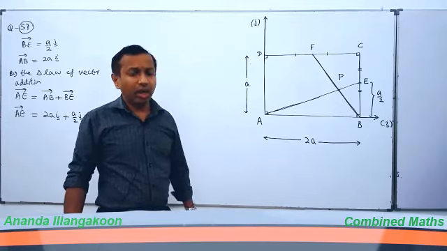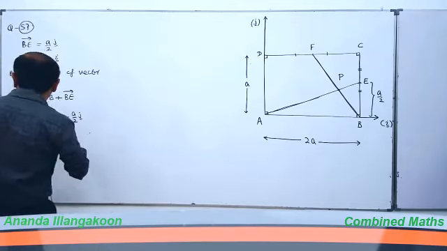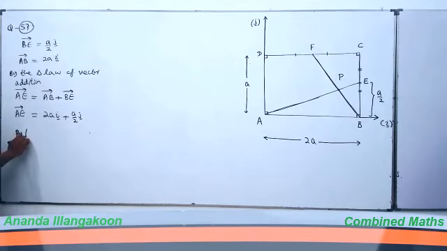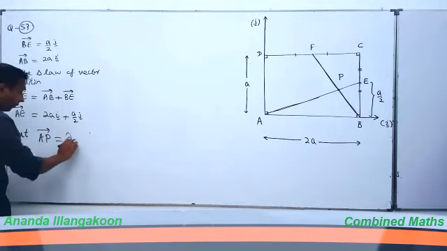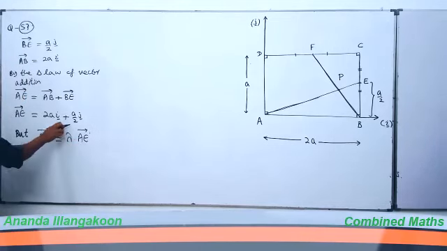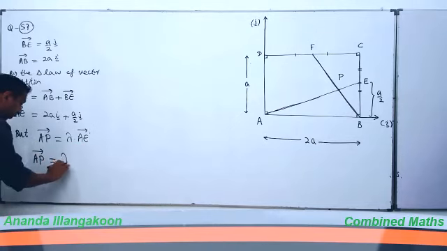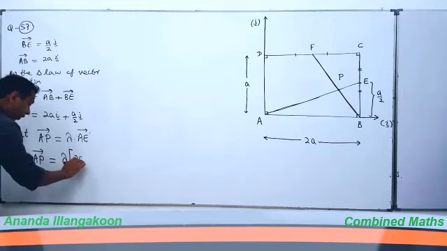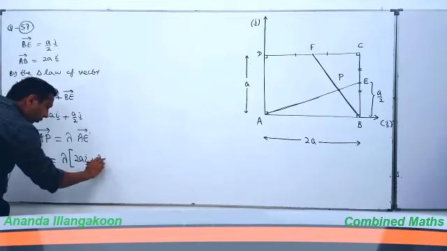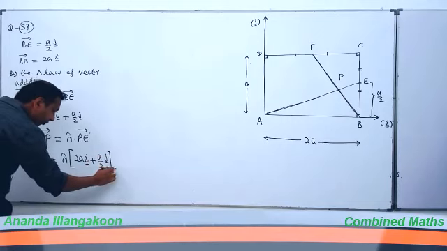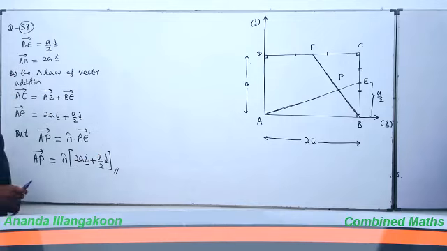So we can write AP vector is lambda times AE vector. Then substituting for AE, AP vector is equal to lambda times (2A i plus A by 2 times j). This is the AP vector.